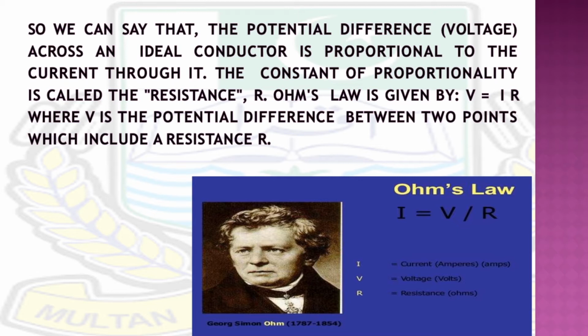Ohm's law is given by V is equal to IR, where V is the potential difference between 2 points which include a resistance R. Here you can see that I is equal to V over R. I is the current that can be measured in amperes. V is voltage and the SI unit of voltage is volts. And R is the resistance that can be measured in ohms.